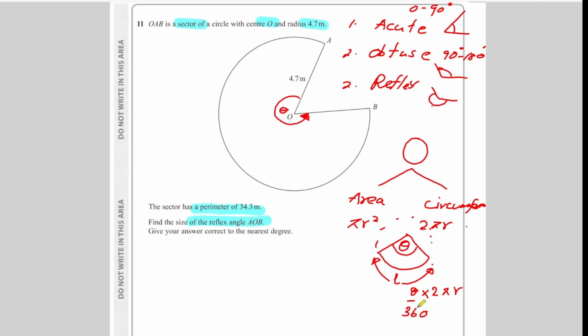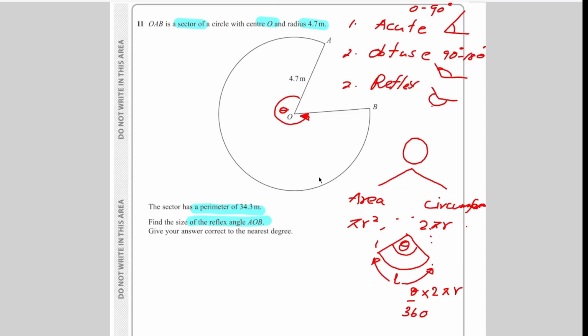Now if you are getting confused about whether to pick pi r squared or 2 pi r, it is not like that. You need to be clear: whether it is arc length or sector area.